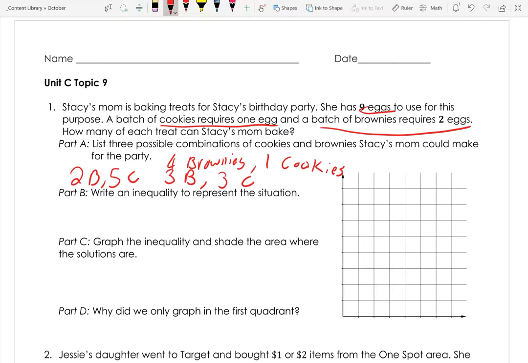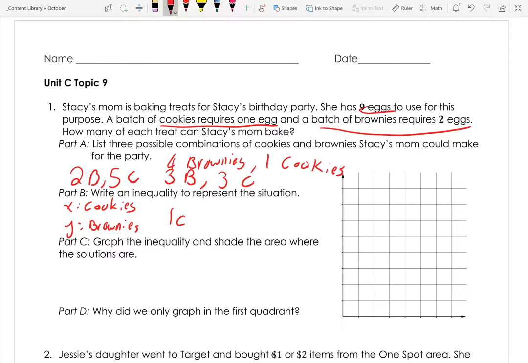Okay. Write an inequality to represent the situation. Okay, so I'm going to use X, if that's okay with you, for cookies. And I'm going to use Y for brownies. So for cookies, 1 egg per batch of cookies.